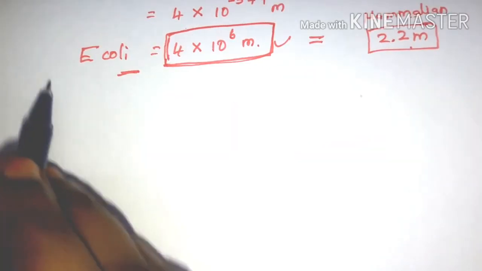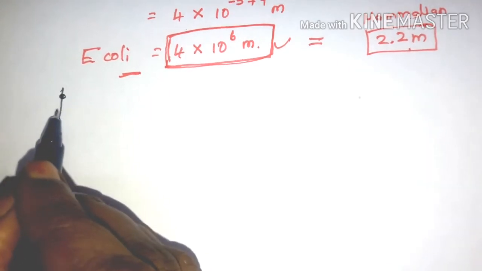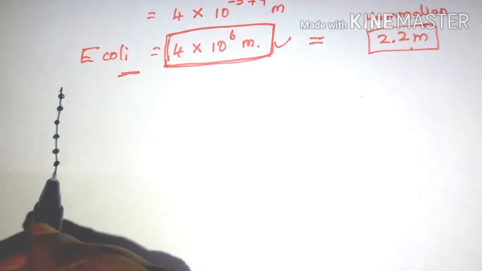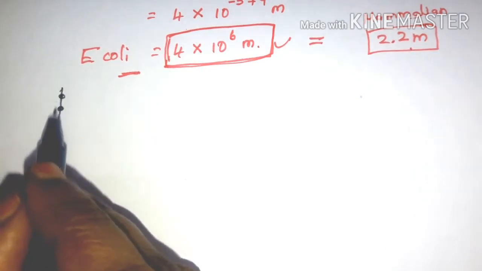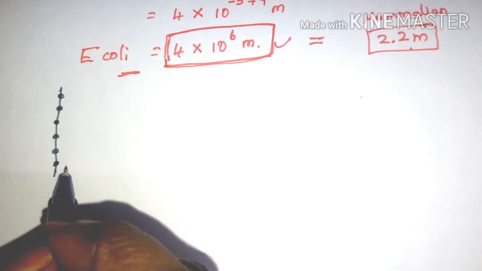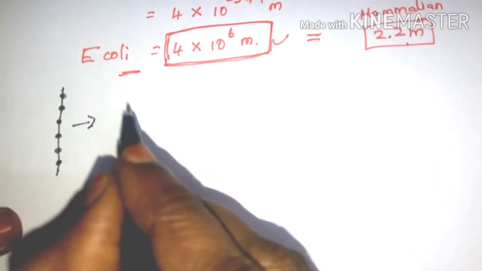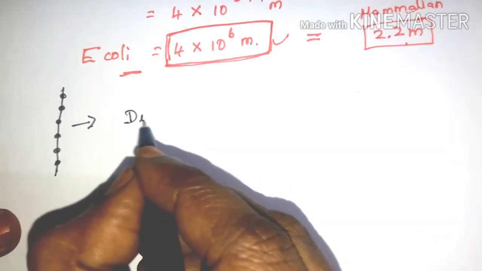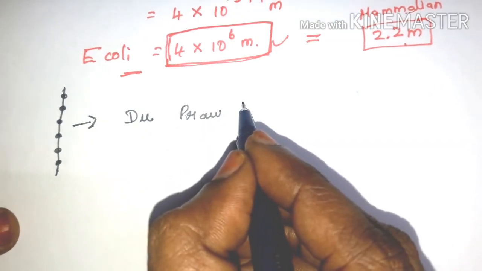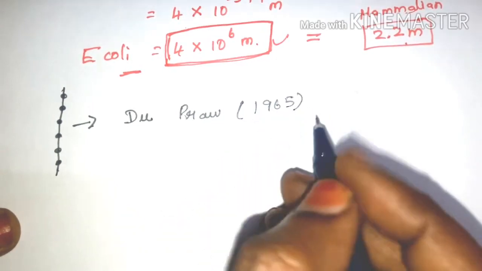As we already saw, chromosomes have genes in a linear order, or we can say genes are arranged on a string of chromosomes, which look like beads on a string. This structure is denoted by Ducrot, the scientist in 1965.